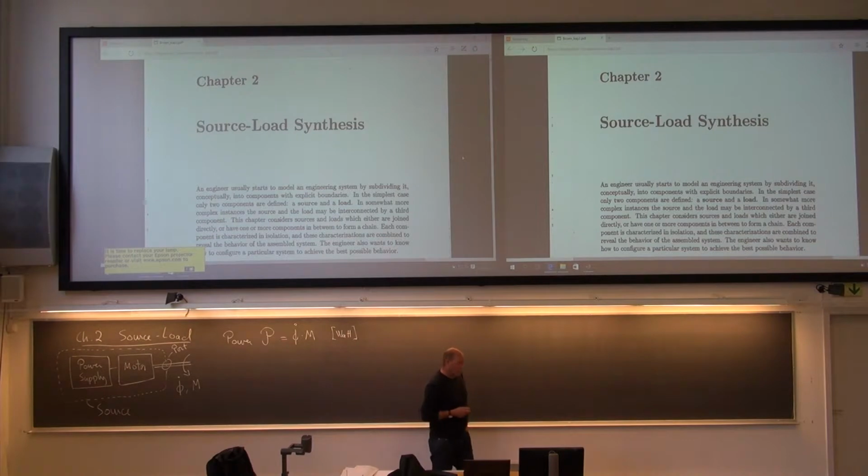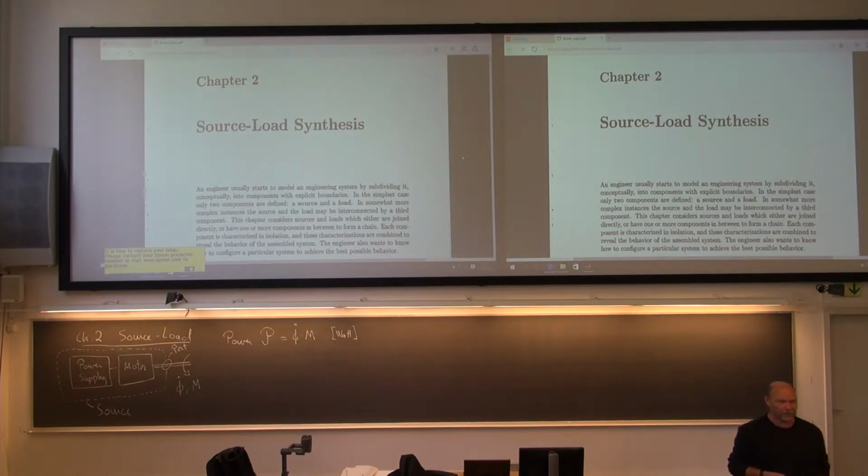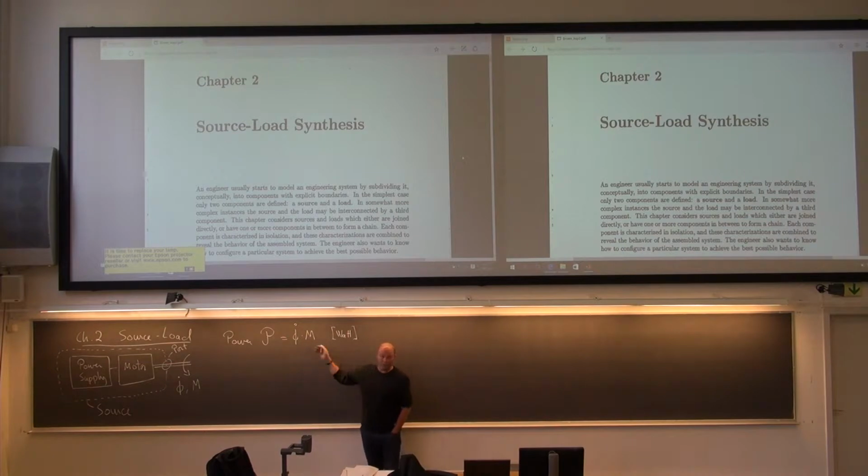So we want to do something with a machine. We want something that should rotate. So we go to the shop and we say, I need a source, a rotational source. I need a motor with a power supply that can provide so and so many watt.